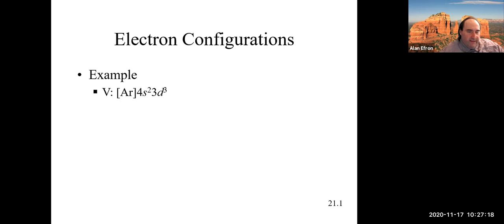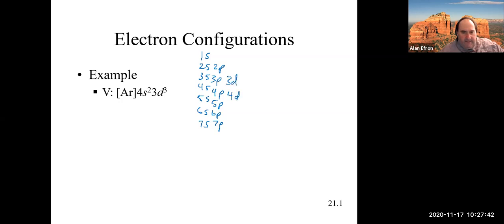You can make sort of the path at which electrons can be written by doing something like this: 1s, 2s, 3s, 4s, 5s, 6s, 7s, 2p, 3p, 4p, 5p, 6p, 7p, 3d, 4d, 5d, 6d, and 4f, and 5f. And the way this works is basically you start at the top at 1s, and you just zigzag back down and around.